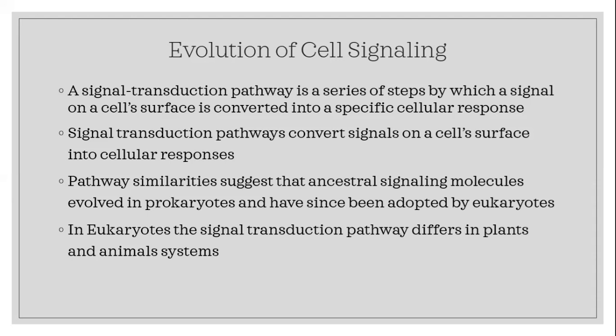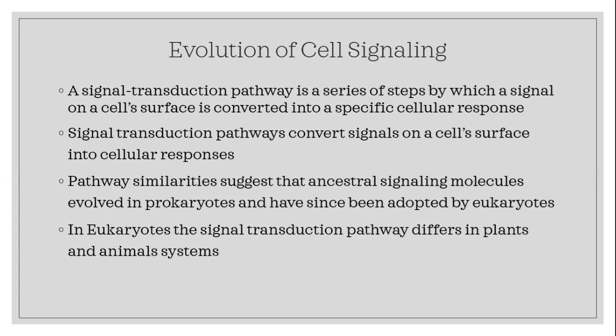The pathways basically start with surface molecules, which are receptors, and these receptors will start the process, and ultimately they will bring about certain changes, and that will lead to a cellular response.